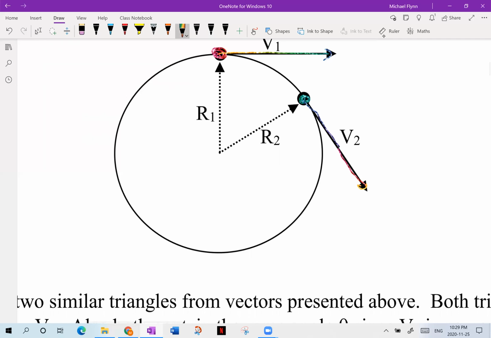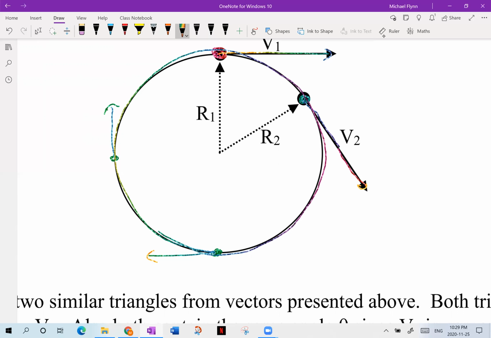At 6 o'clock down here, it'd be moving that way, right? At 9 o'clock, it would be moving that way. Depending on where our object is as it makes its way around the circle, the direction of its velocity is changing all the time.